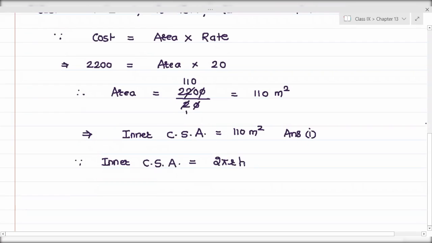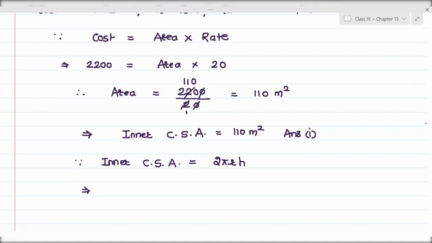So here inner CSA will also be equal to 2 pi RH. Do not write down the value small r or capital R just by looking at inner or outer, unless the figure is given for both types of radius. Here they are only talking about inner CSA, so I am taking one kind of radius only.